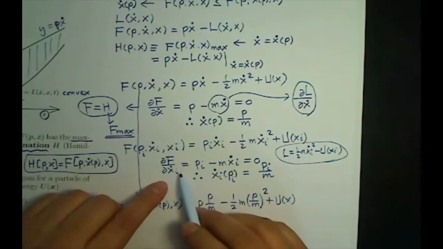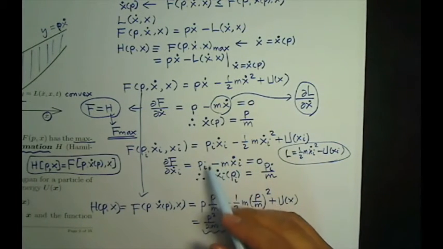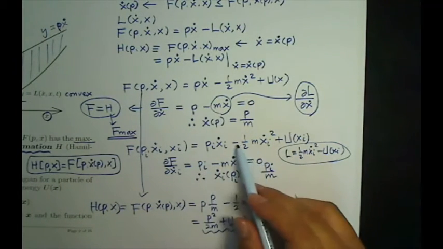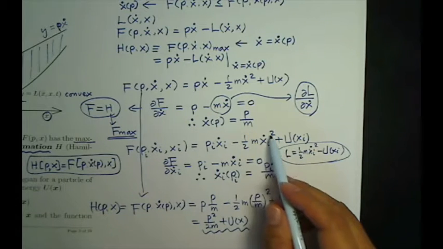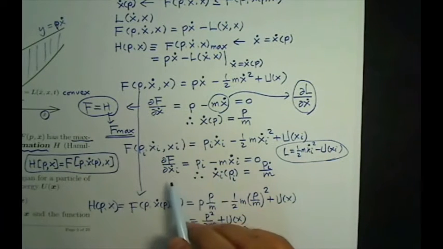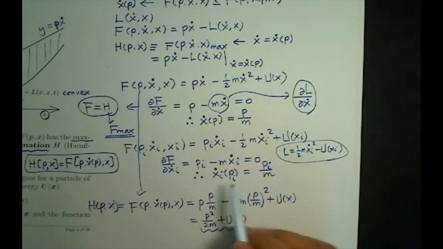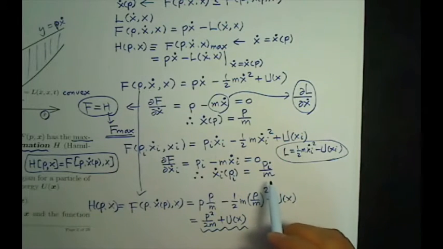If I do that, it becomes p i minus m x i dot, and the maximum condition is equal to 0. Therefore, this x i dot p i is p i over m.